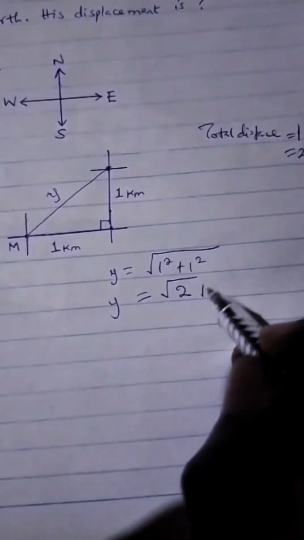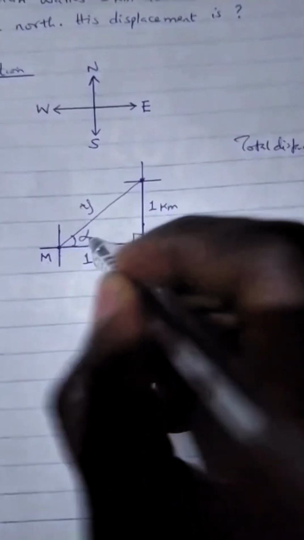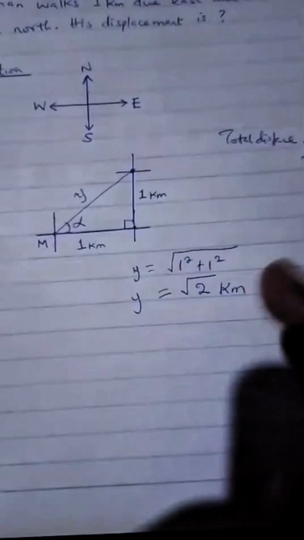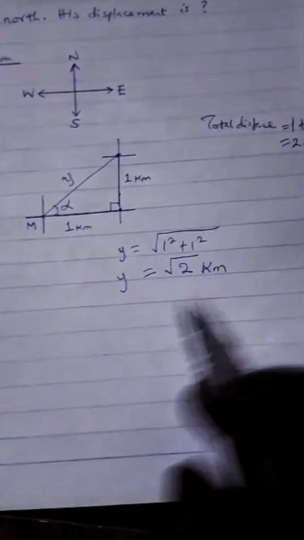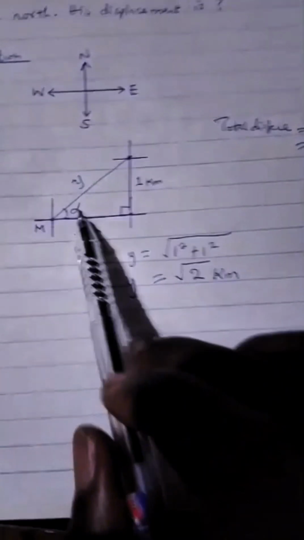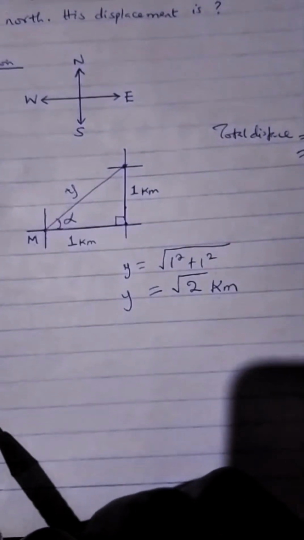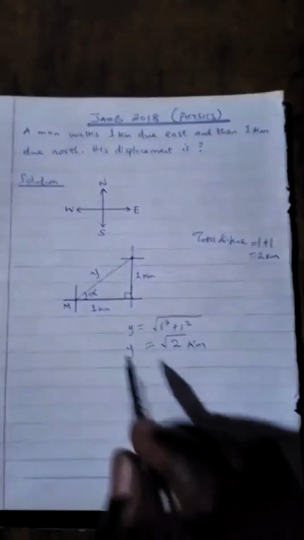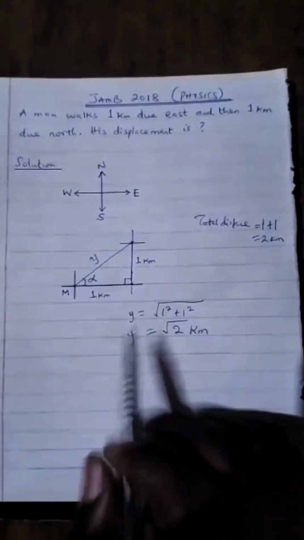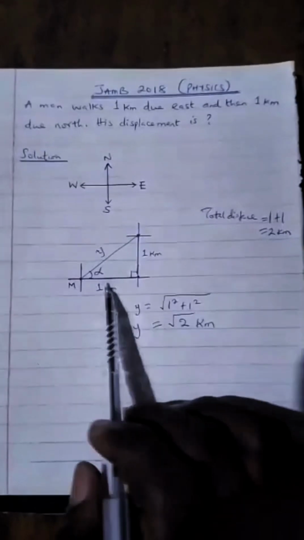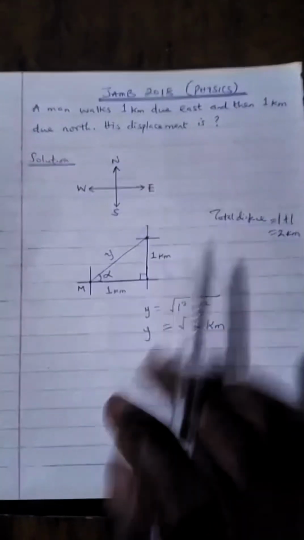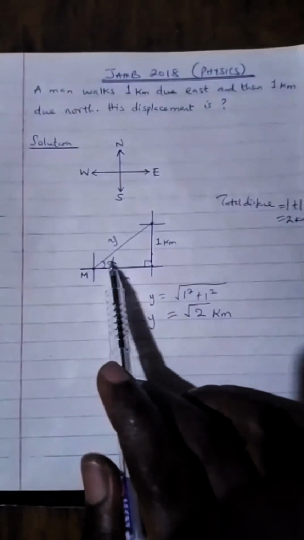So its displacement has a magnitude of root 2, but displacement must also consider direction. So displacement is both magnitude, which is root 2 kilometers, and direction. Tan will give us the direction in degrees. By tangent, because we are given this side and this side, and we are trying to find this angle alpha.